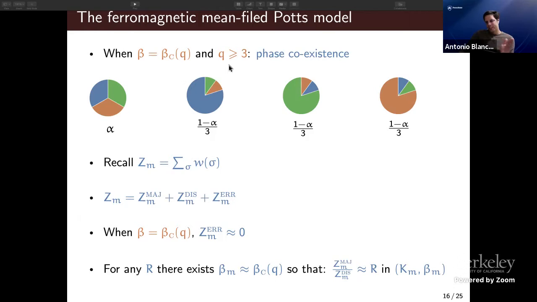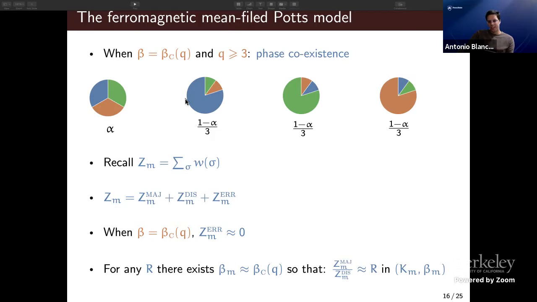And here, when Q is greater or equal than 3, we're going to have this phenomenon called phase coexistence, okay? What happens there is that you have phase coexistence between the two possible phases, the ordered phase and the disordered phase. What I mean by that is, if you draw a sample from the distribution at the critical temperature, with the critical interaction, you're going to get, with some probability alpha, some constant dependent on the size of the graph, a disordered configuration concentrated around the uniform vector.